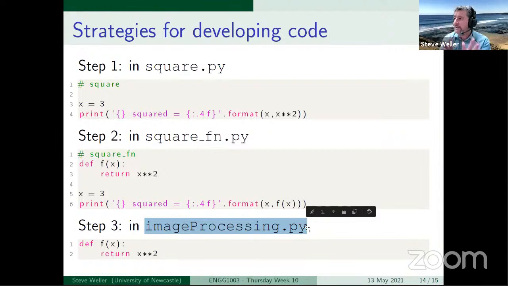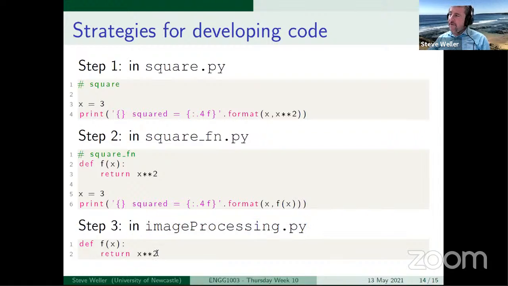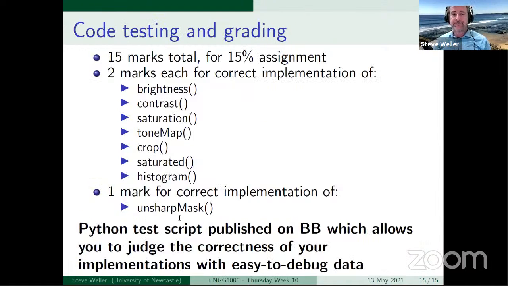And so that strategy is the one that I want you to follow when you're implementing each of the 5 and then 8 functions that are required in the Blackboard upload. What that does is allow us to really easily assess the code, because everyone's going to have the same file name, image processing.py, and we can automate the process of testing your functions against known solutions.